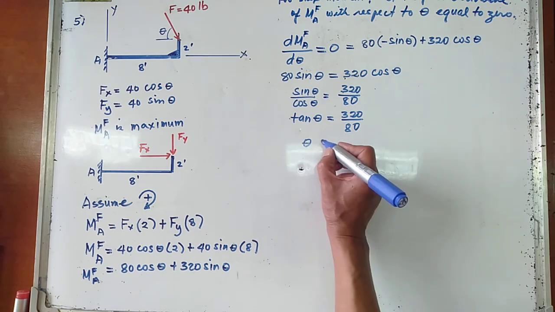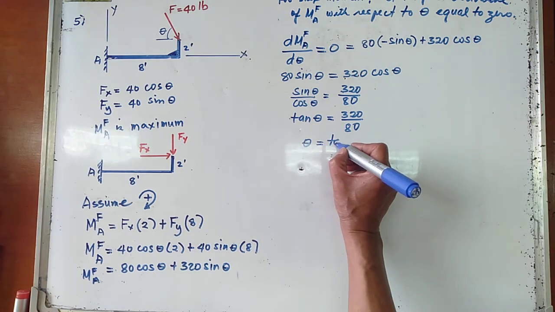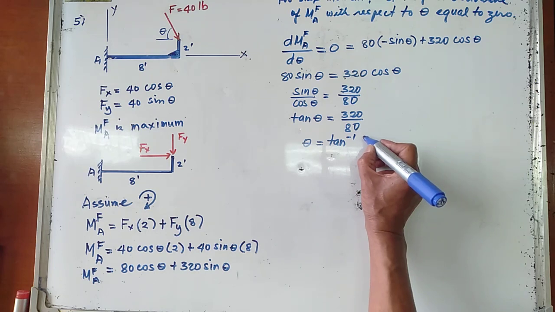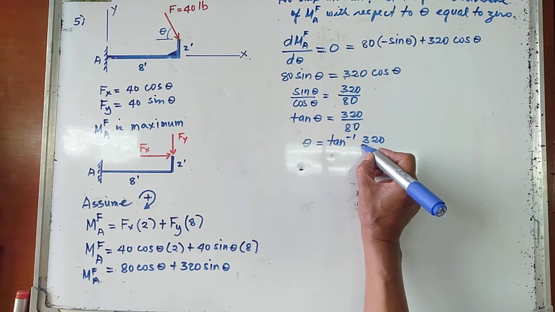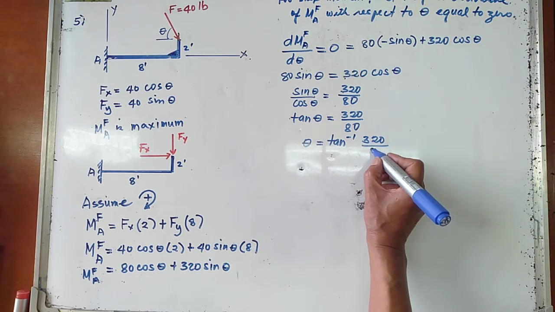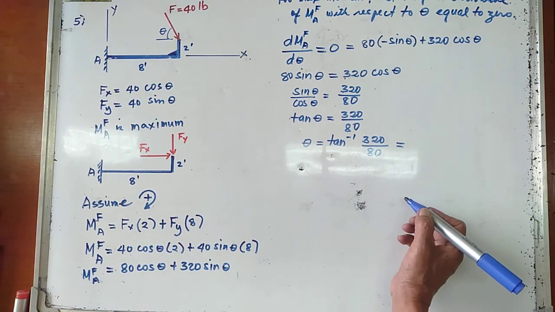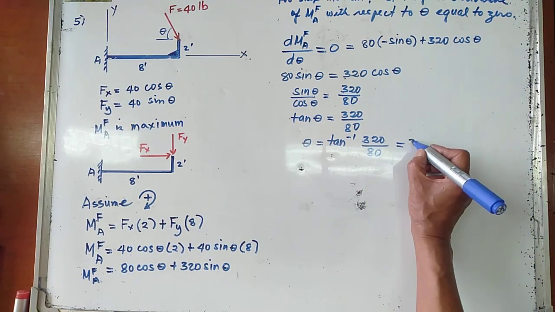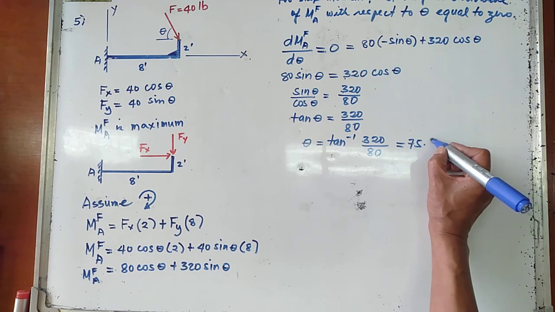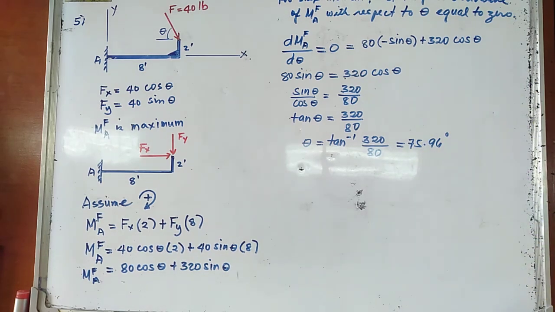So that your theta is now equal to the arctangent of 320 all over 80. Hence, the value of theta is 75.96 degrees.